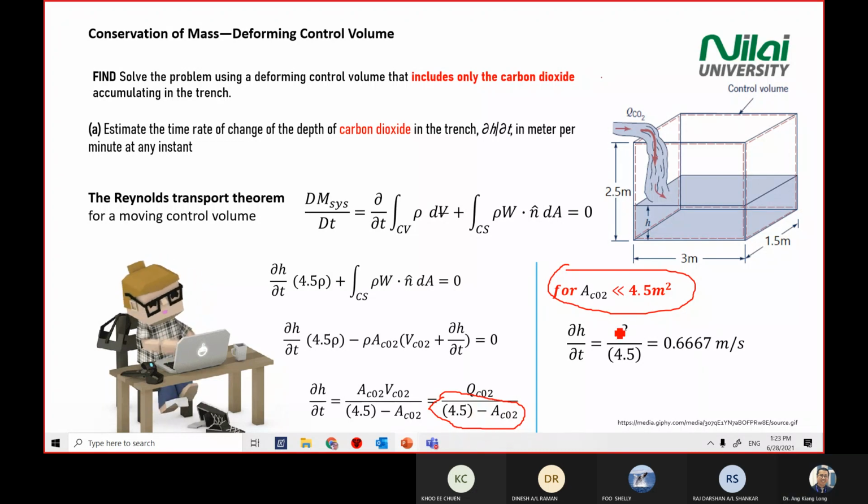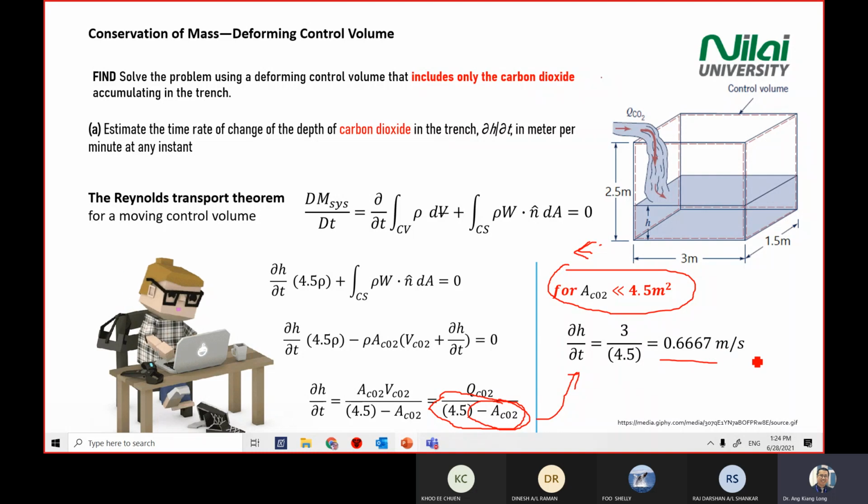So we can assume that this number, area of your CO2, is small, and I use a double arrow. It means very, very small compared to the 4.5. Okay, so we can ignore this one in the further steps. So the Q is 3, divided by 4.5, it will be 0.6667 meter per second.